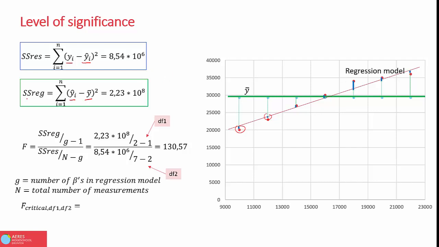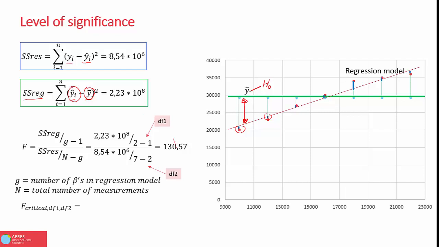For the regression, we calculate our predicted value minus y average. Y average, as we said, is our null hypothesis, right? So how far do we deviate from our null hypothesis? That's what we're figuring out here. And we found that it's 2.23 times 10 to the power of 8 in the end.